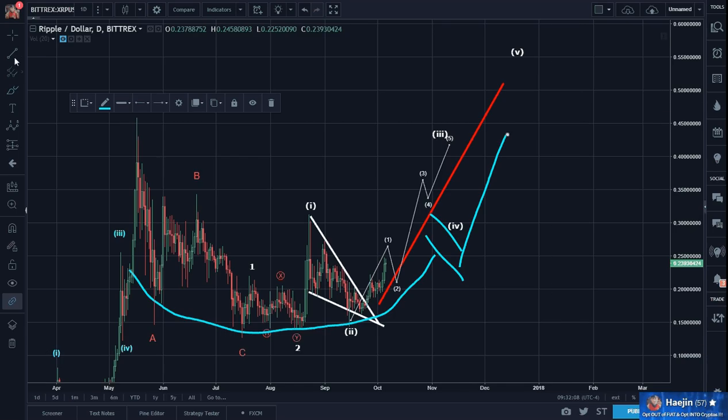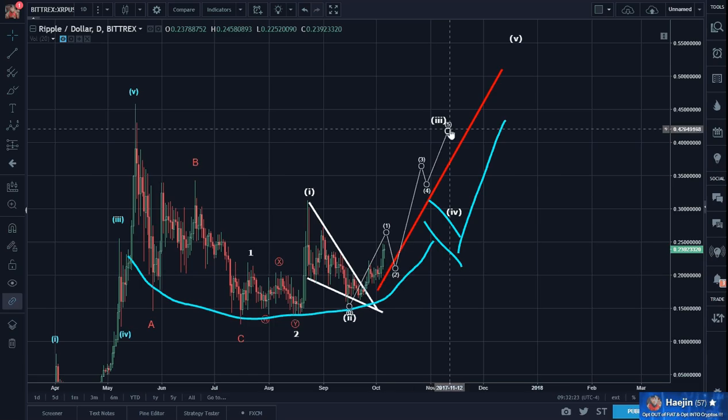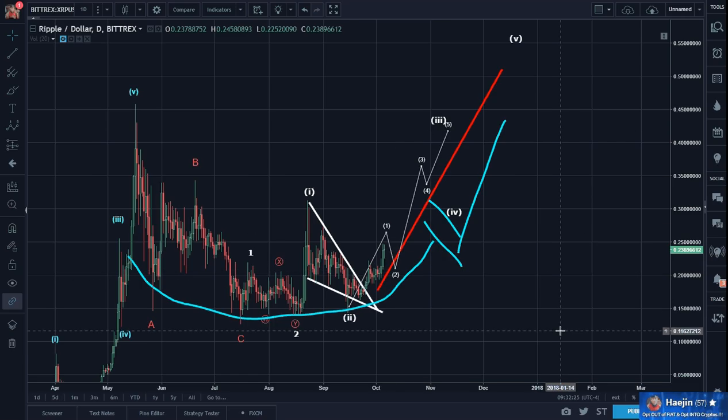So I think it is very important for you to take perspective of the combination that I'm using of Elliott waves, chart patterns, and forward-looking discernment to see where the prices might go.